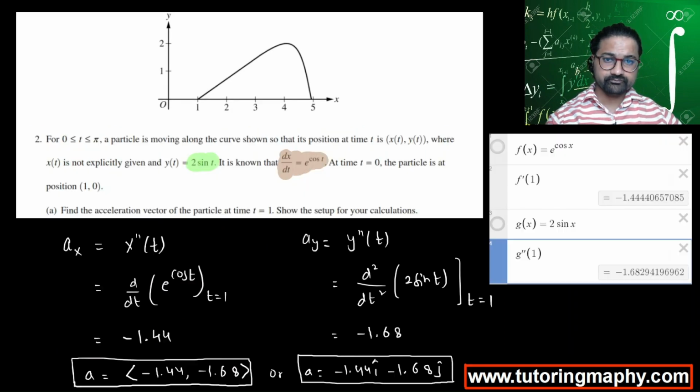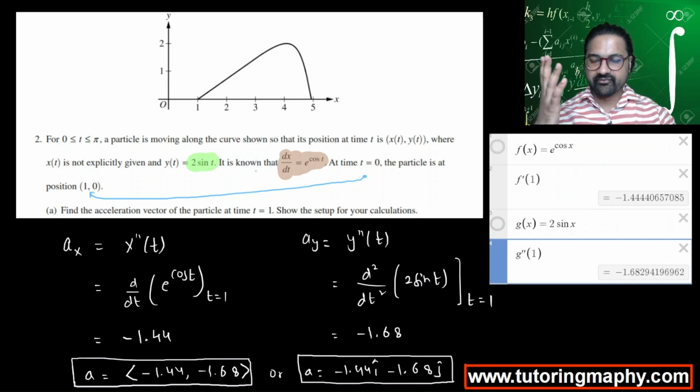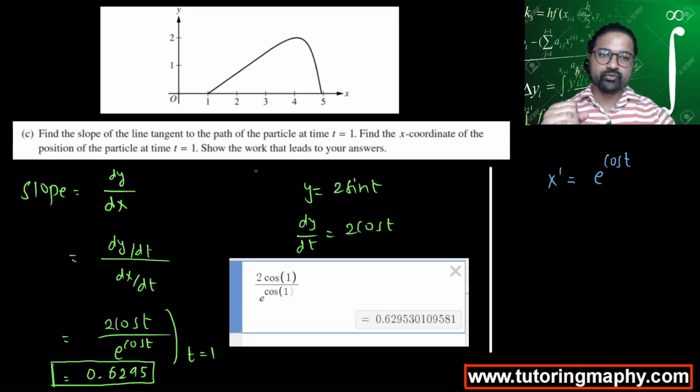One very important thing is given to us: at t equal to 0, the x coordinate of the particle is 1. So its initial condition is given to us, which we are going to use in the antiderivative as a definite integral to find the value of x at t equal to 1.